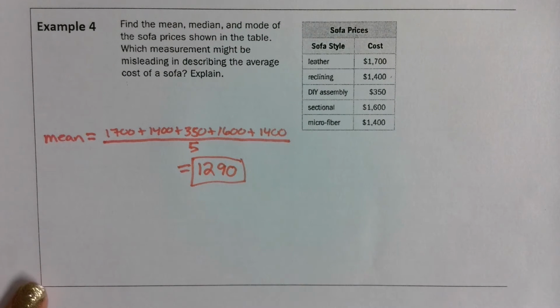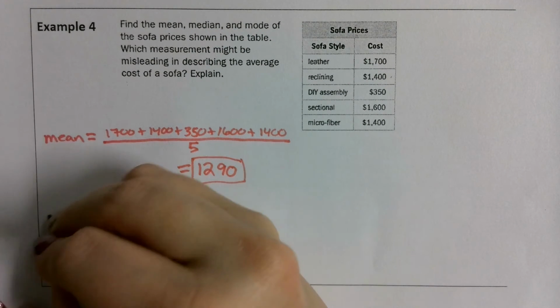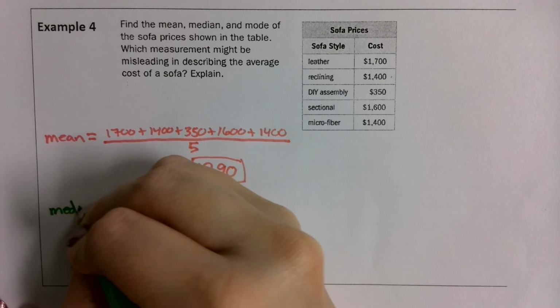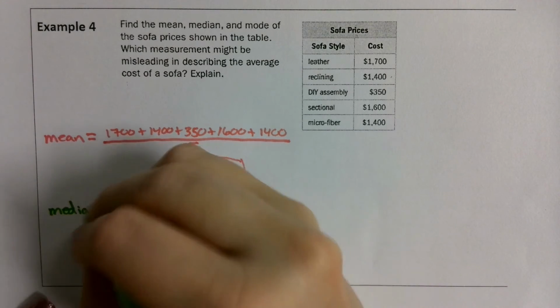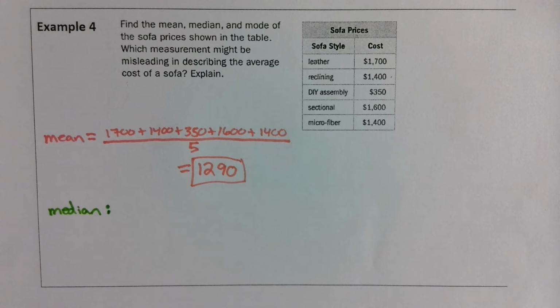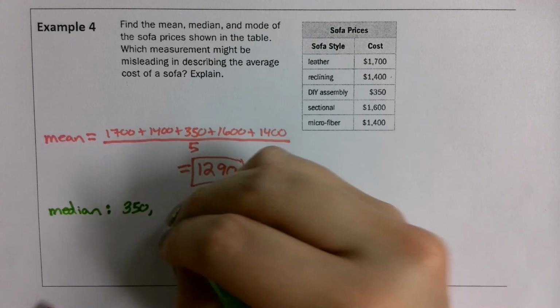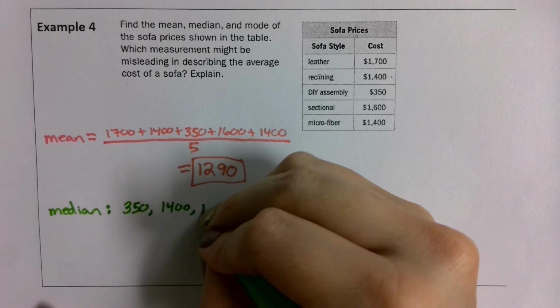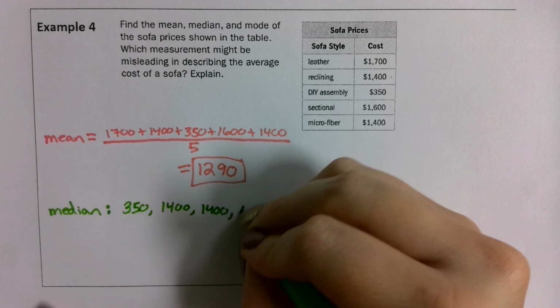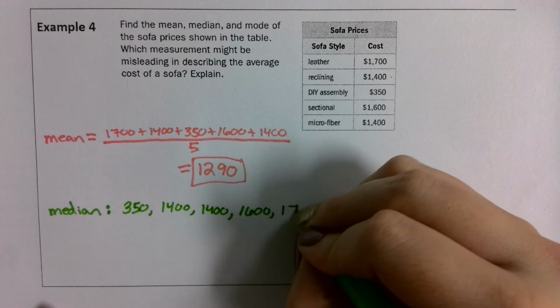Okay, then if I were to do the median, how do we do median again? Put them in order from least to greatest. Very good. And then it's whatever's in the middle. So our smallest number is 350. Then 1,400. Then 1,400 again. Then 1,600. Then 1,700.